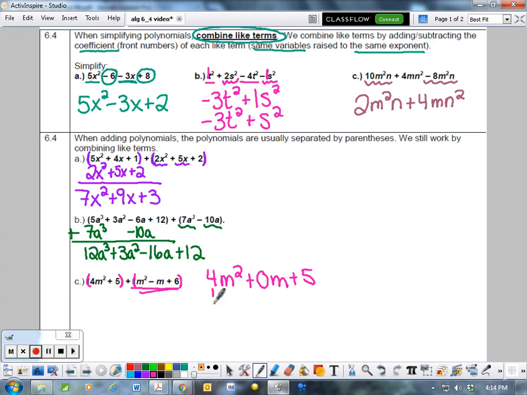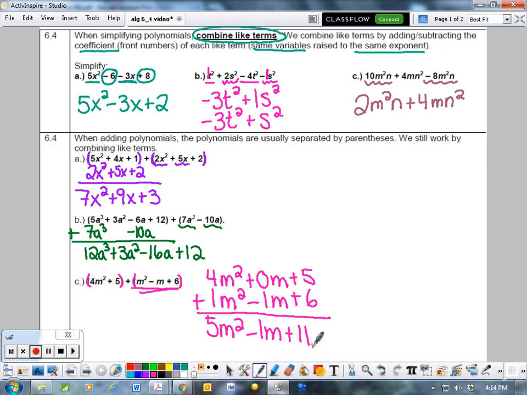So this is a 1m squared, like writing the front coefficient so I add properly, minus 1m and plus 6. So now I'm ready to combine, and I have it in that proper descending order. So 5m squared minus 1m plus 11. And that's our final answer.